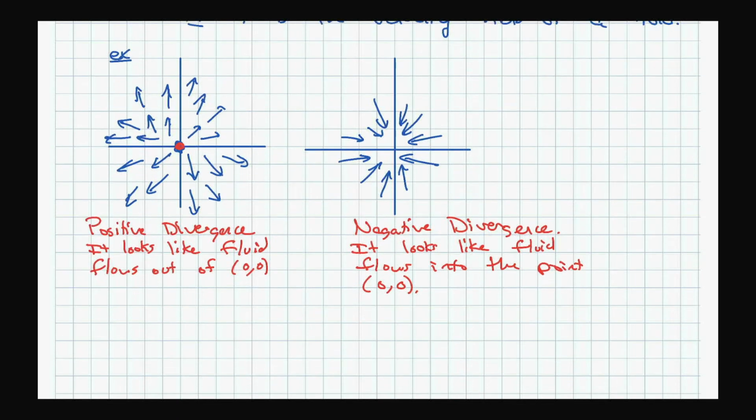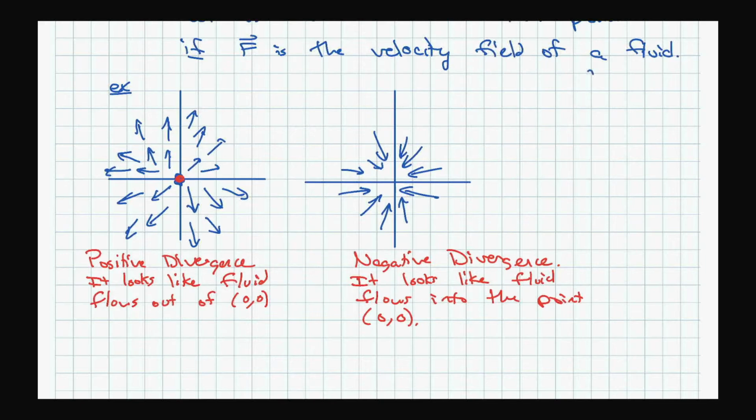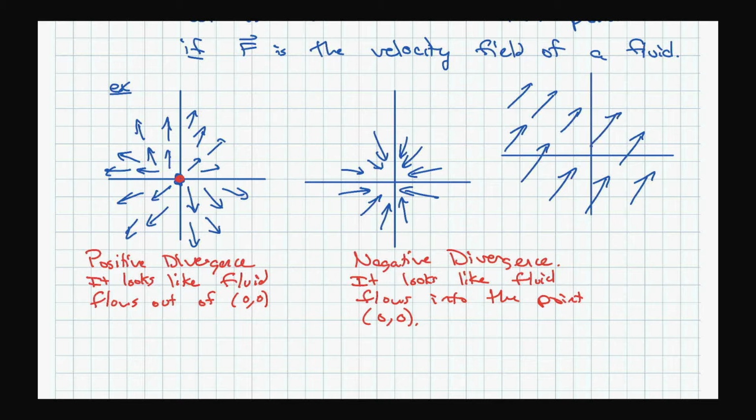You could also have divergence that's zero, and that would just be if a normal fluid could be flowing in some direction, but not being created or destroyed here. So if I just make a simple vector field where fluid's just going up and to the right, that might be zero divergence.